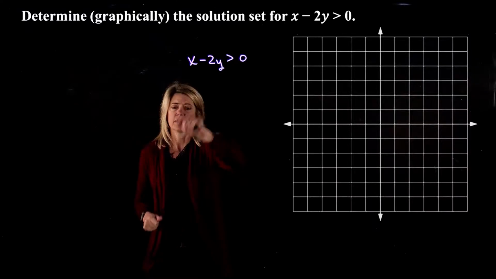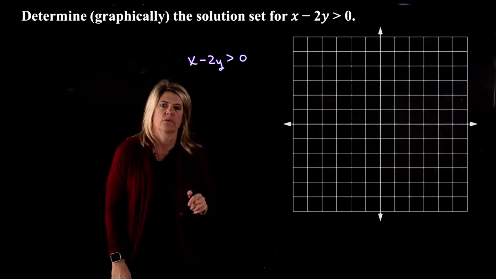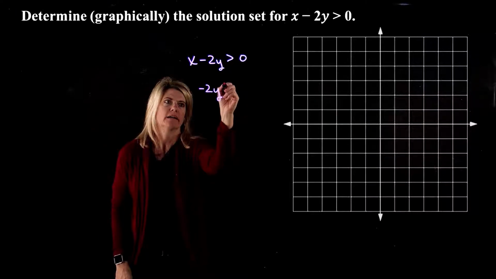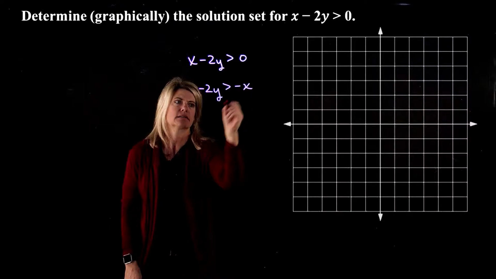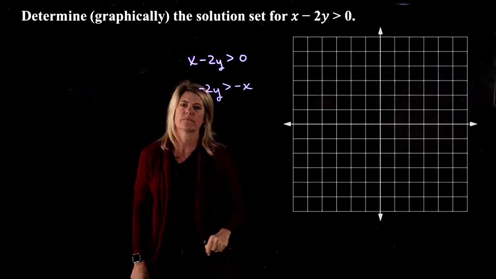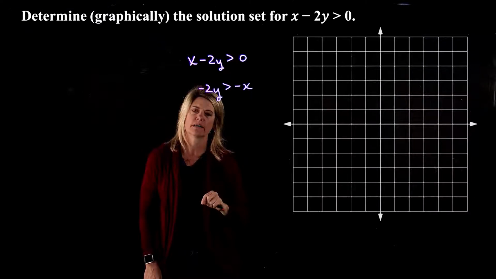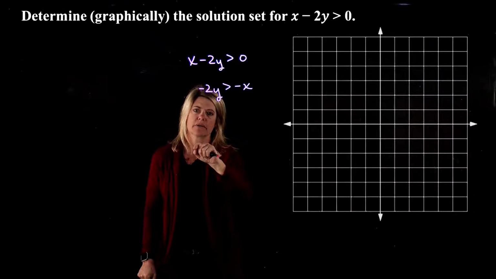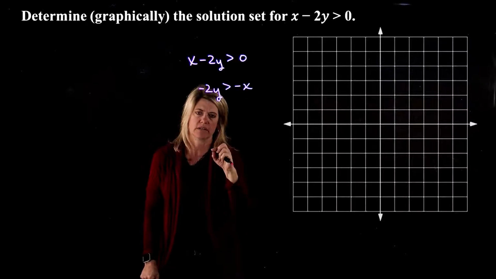I'm going to solve this for y just as I would if it were an equation. So I'm going to subtract x. So I will get negative 2y is greater than negative x. And now what I want to do is divide by a negative 2. And remember, when you're dealing with inequalities and you divide or multiply by a negative number, we have to switch the direction of the inequality.